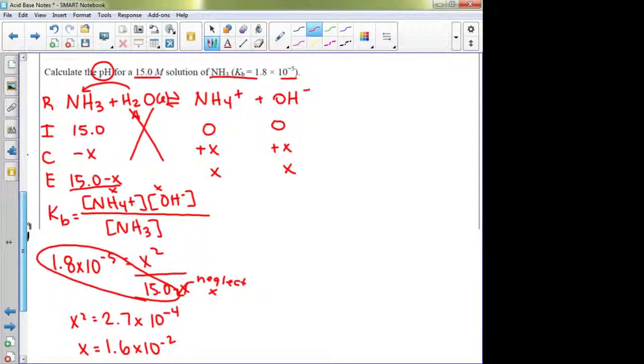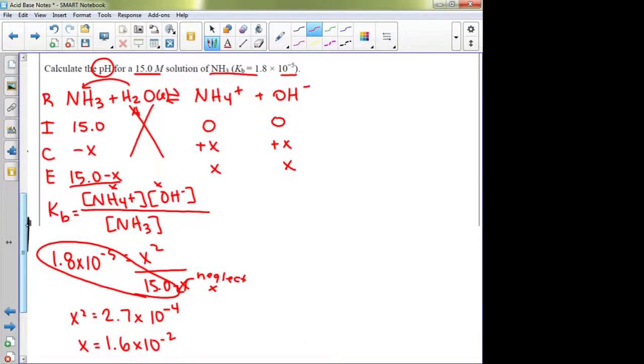So now that I have x, that means I know my concentration of what? Of my hydroxide, right? If I know the concentration of my hydroxide, what can I find? What am I going to find before I find pH? My pOH, right?